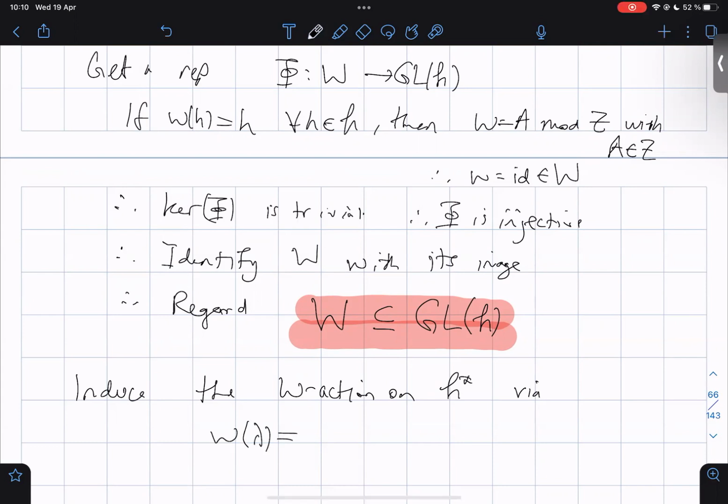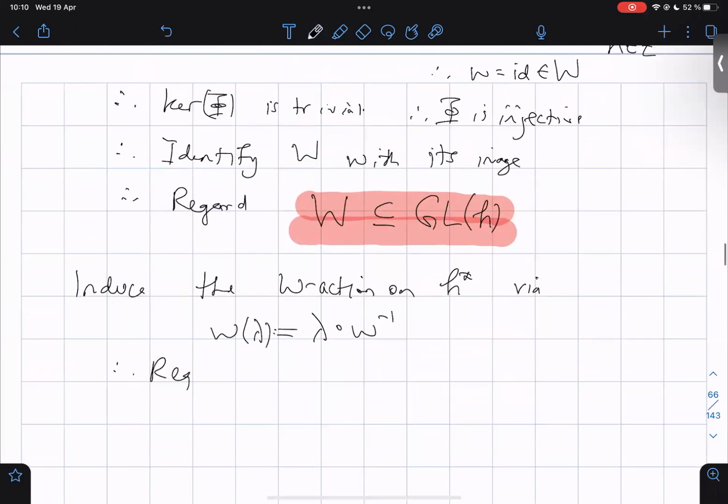So the action on lambda is defined to be lambda precomposed with W inverse. So we have a new group acting on all the objects that we've been considering in this H star setting.